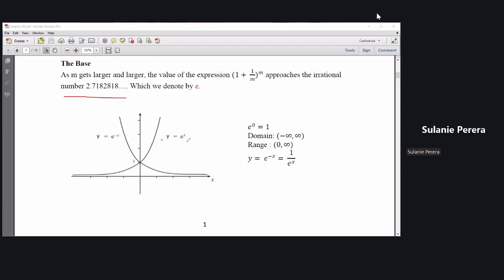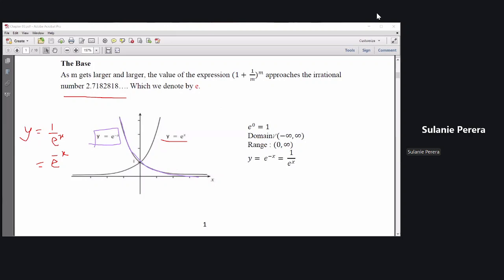If you have y equals e to the power x, this is the shape. And y equals 1 over e to the power x, which is y equals e to the power minus x, has this shape. Remember we wrote 1/2 like that.